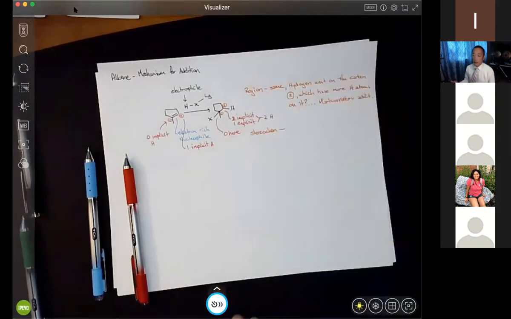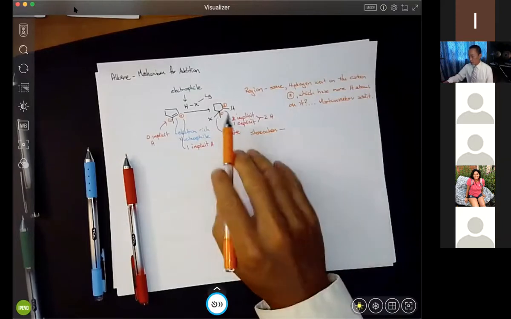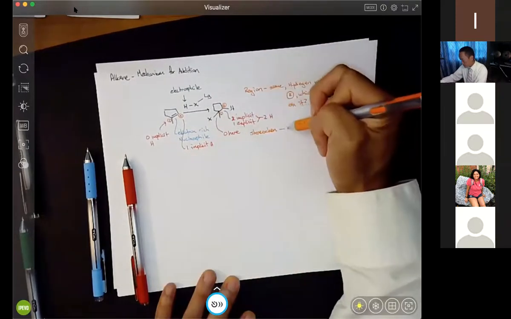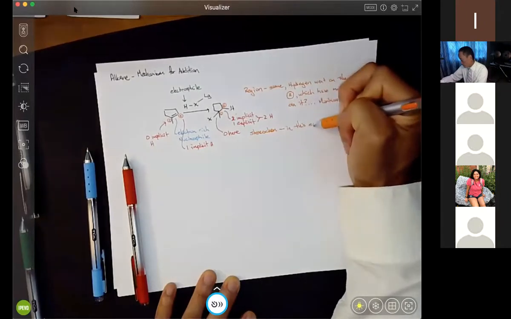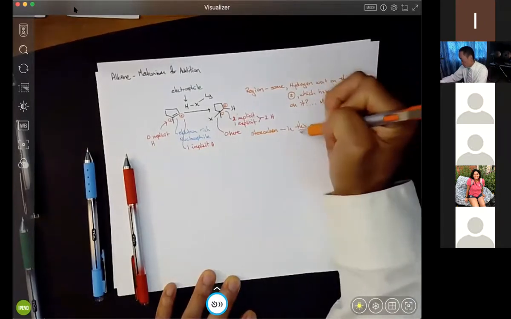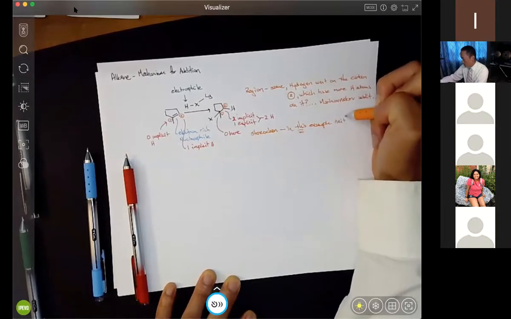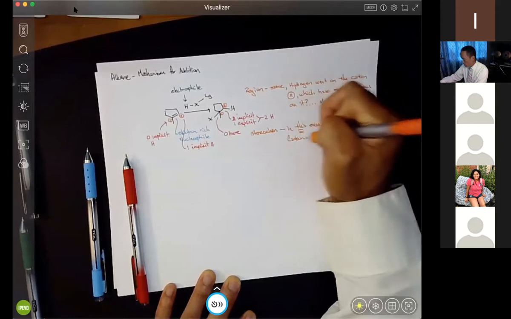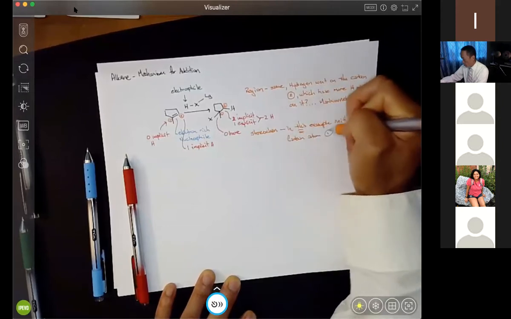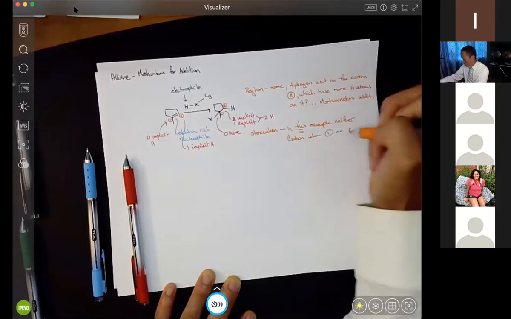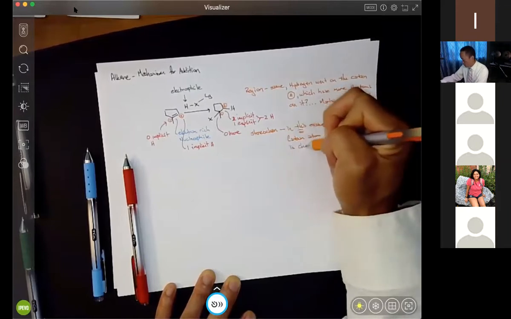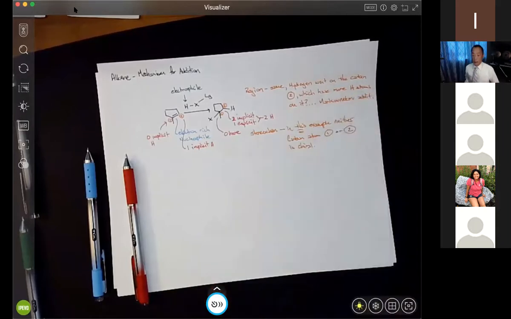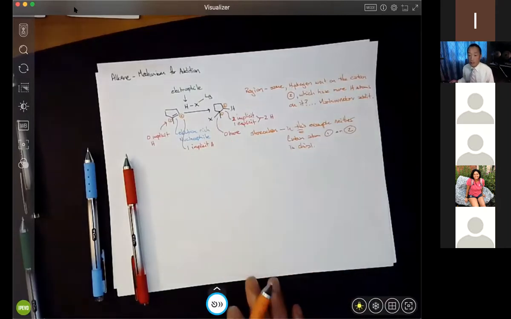Oh, God, stereochemistry. In this example, neither carbon atom, one or two, is chiral. Thank God. So at this point we don't have a chiral center at carbon 1, and we don't have a chiral center at carbon 2.